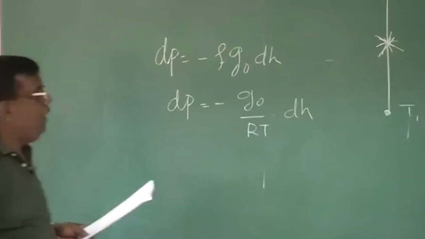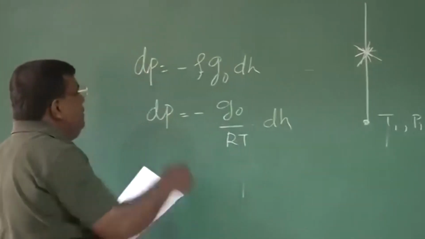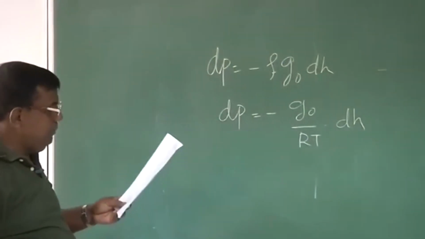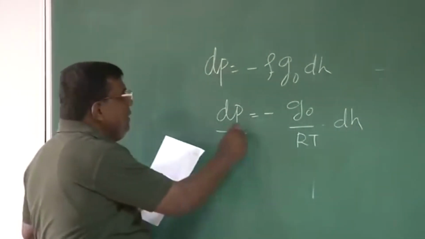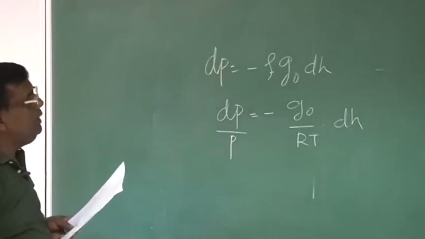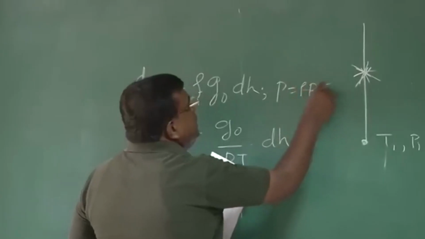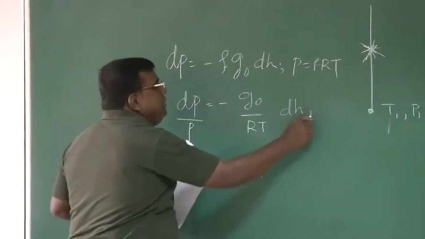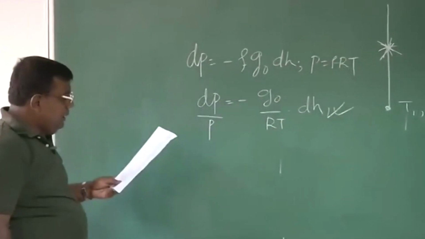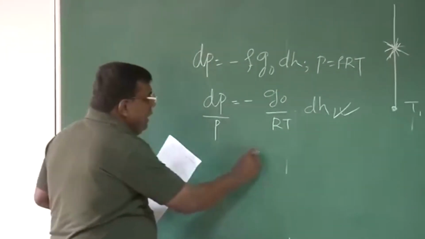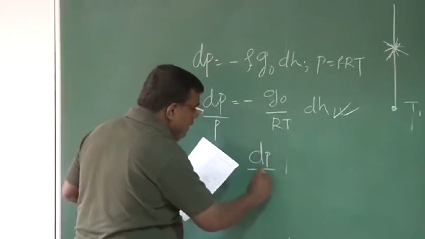So P equal to rho RT, and I have divided dP by that, so I have got this relationship dP by P, where P is rho RT, that has been used here, and we have divided dP by P to get this expression. This is done, right? Now if you see in the isotherm, I can simply integrate this.